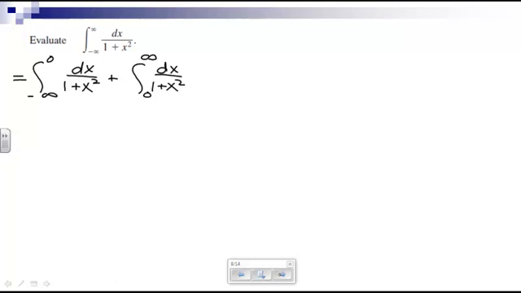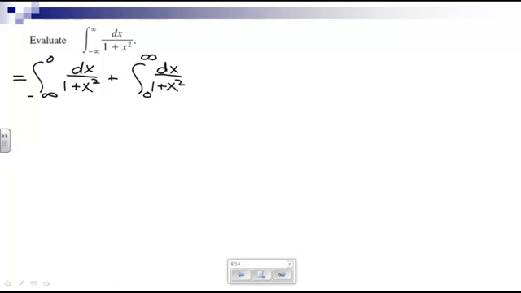Now it's the integral from a to 0 of dx over 1 plus x squared.